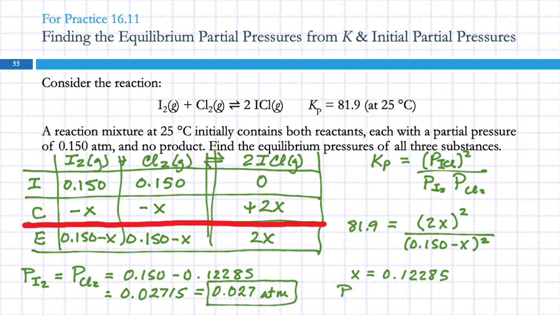The partial pressure for our product is 2 times X, which is 0.2457. I'd call that 0.25 atmospheres.